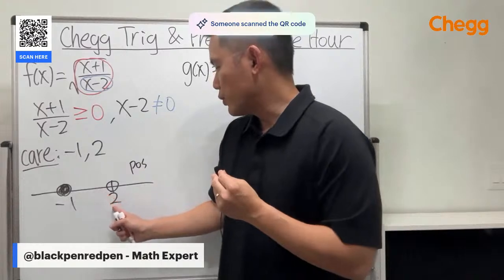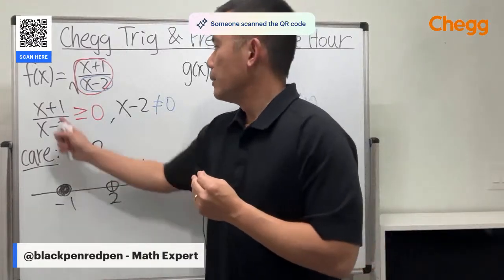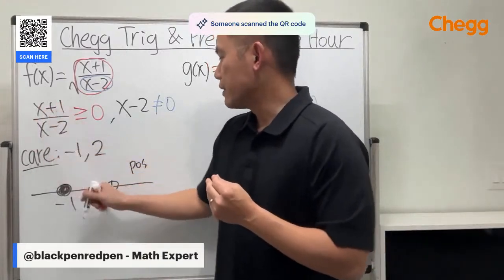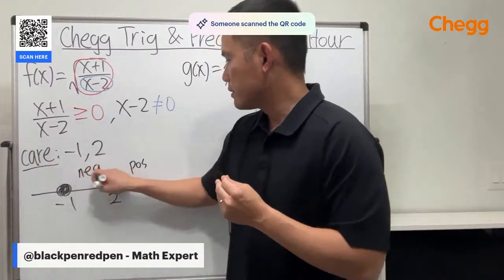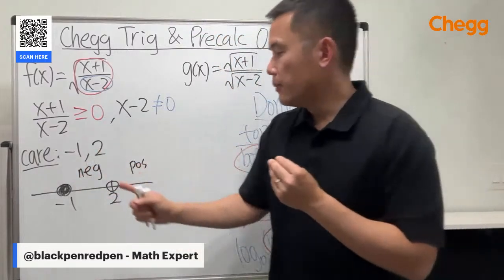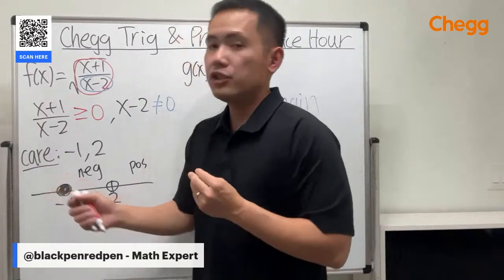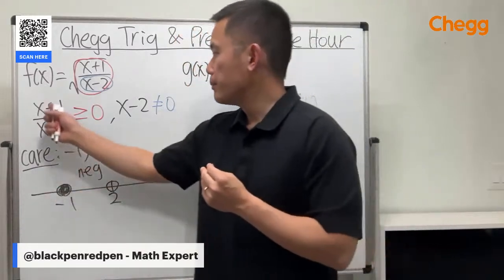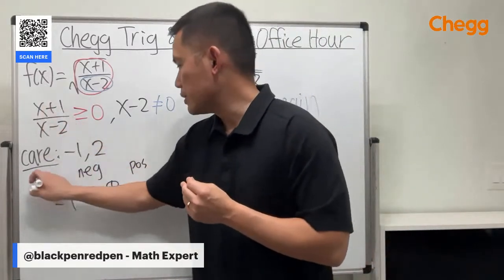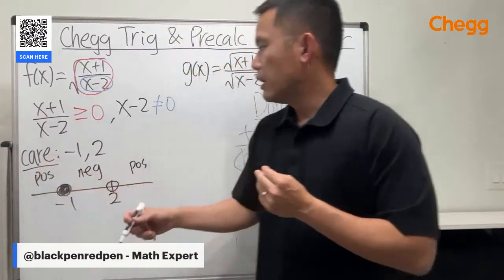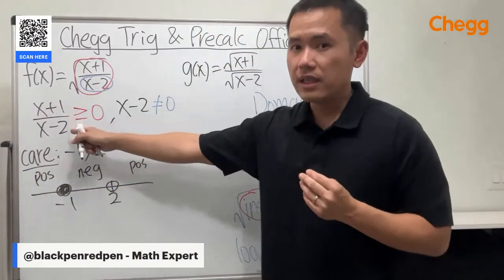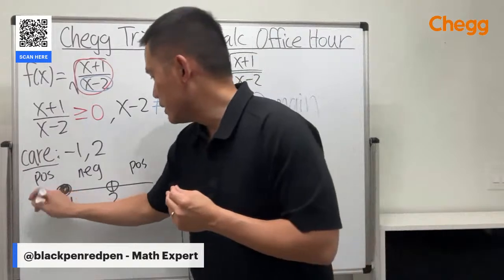If you pick a number in between -1 and 2, say 0, you get -1/2, which altogether is negative. Lastly, if you pick a number less than -1, such as -3, you end up with a positive result. And our goal is to look for the non-negative parts.